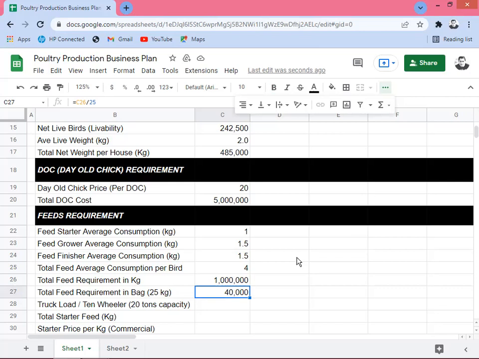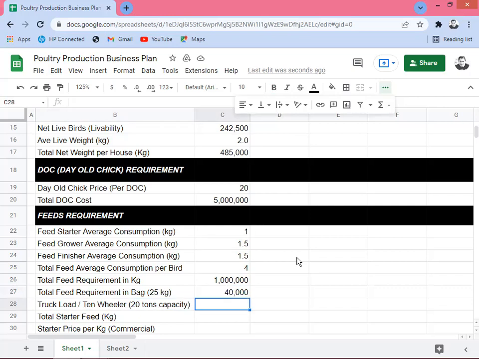Even 25 is heavy. 20 is good enough for manual handling or lifting of the bag. That's why in some supermarkets, when you want to buy a bag of rice, they don't have 50 kilogram now. They only sell 25 kilogram rice, because of the health and safety issue.